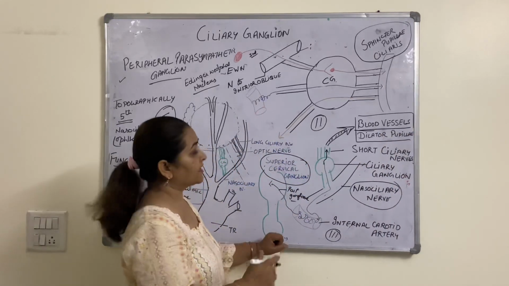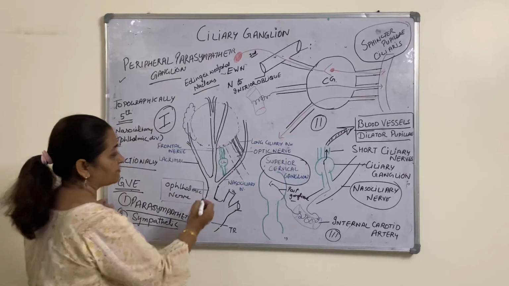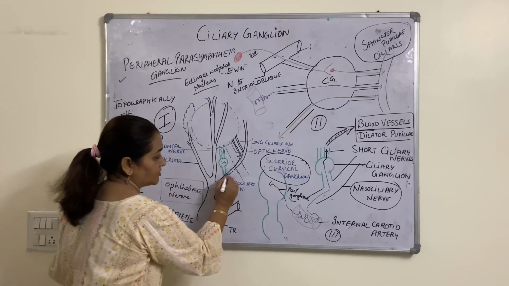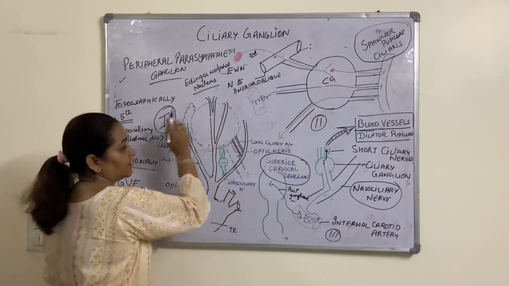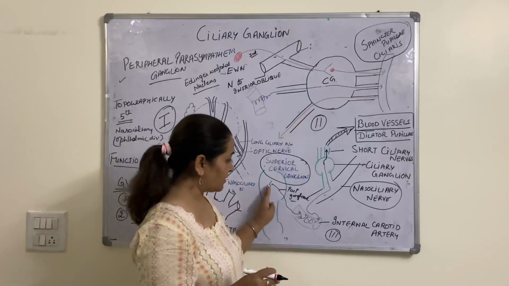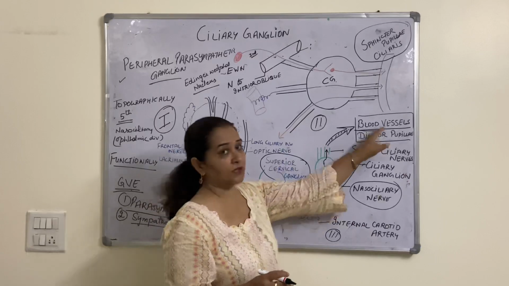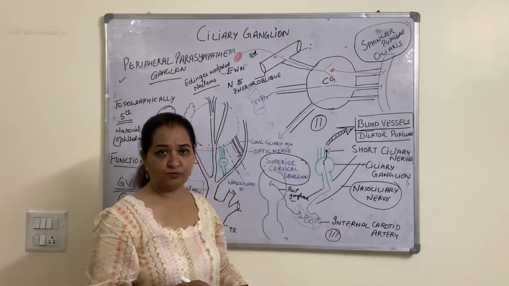Otherwise, another alternative route for the dilator pupillae is that sometimes the fibers pass through the nasociliary nerve, through the long ciliary nerve, and reach the dilator pupillae. So this is another pathway. But sympathetic fibers are meant for the blood vessels of the eyeball and sometimes fibers to the dilator pupillae.